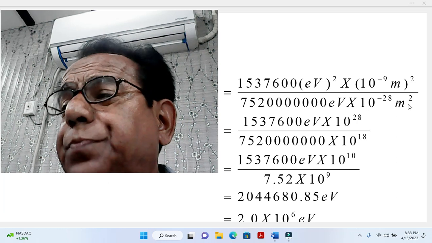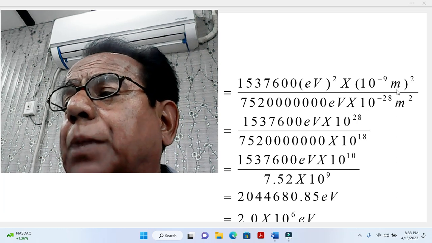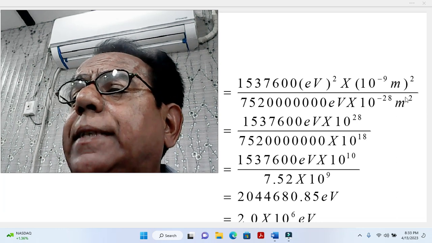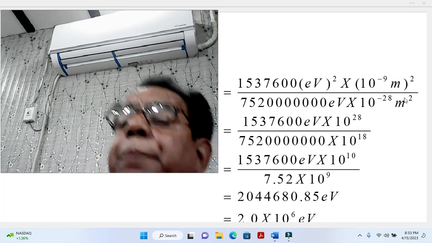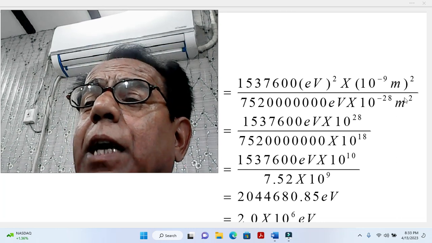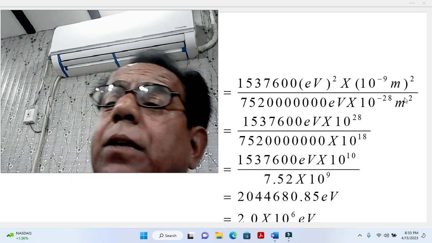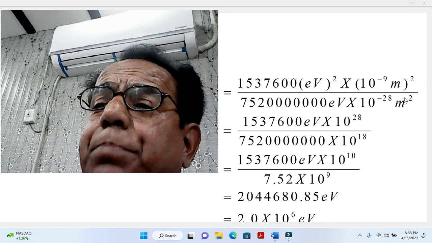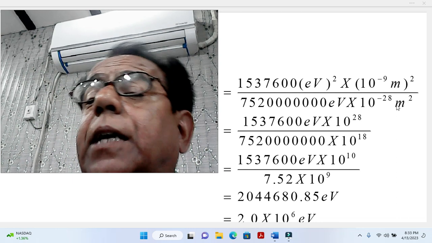Moreover, meter square will be cancelled from meter square. Both meter squares will be cancelled, and out of electron volt square, 1 electron volt will be cancelled and only 1 electron volt will be left.